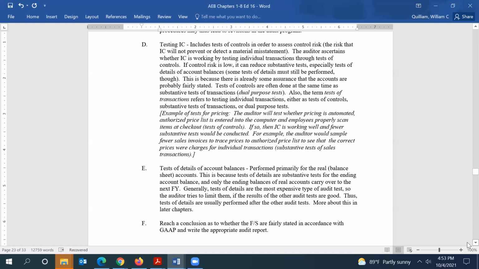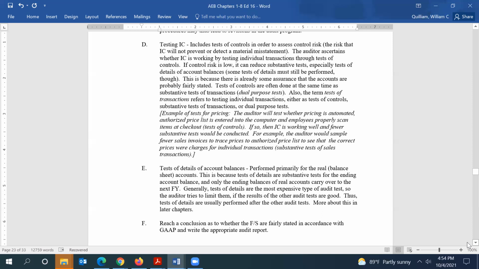Moving on, the auditor ascertains whether internal control is working by testing individual transactions through test controls. If control risk is low, that's good. It can reduce substantive tests, especially tests of details of account balances. Now, some tests of details still must be performed, but if we have something like confirmations of accounts receivable, a test of detail, the lower control risk is, the fewer of these we must send out.